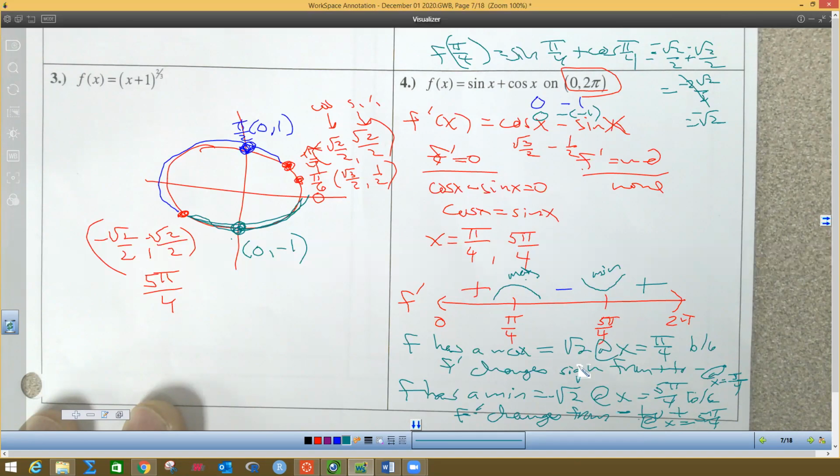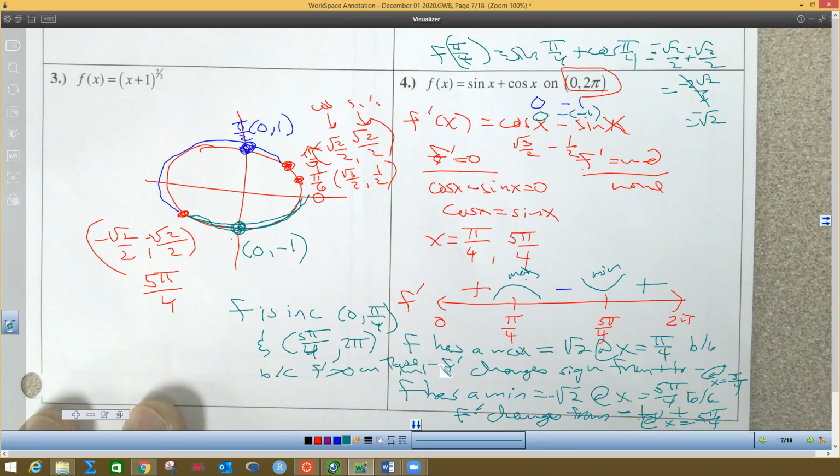So this would have been how to find the max and mins, but we use this same chart to find increasing, decreasing. So we would say f is increasing from 0 to pi fourths and 5 pi fourths to 2 pi because f prime is greater than 0 on those intervals.